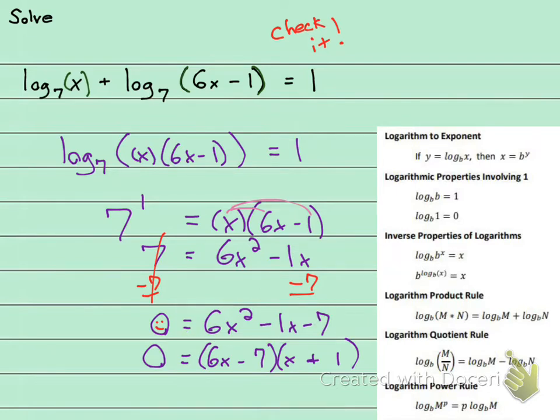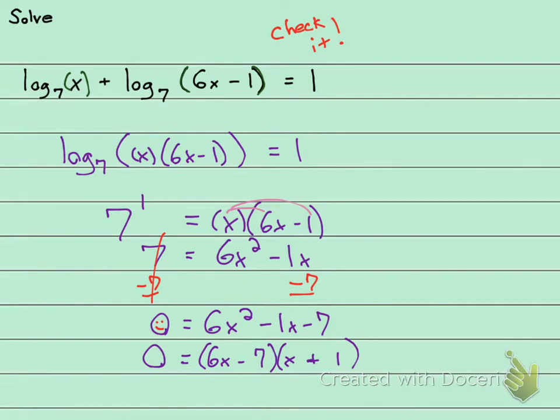Now, either one of my factors could be 0 and the whole thing would be 0. So I have to set both of my factors equal to 0. It's going to be 6x minus 7 equals 0, or x plus 1 equals 0.